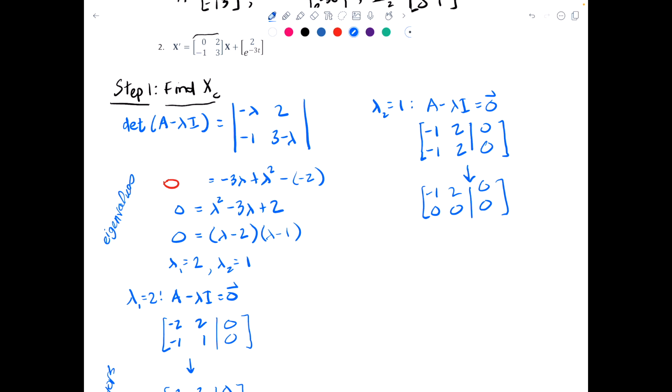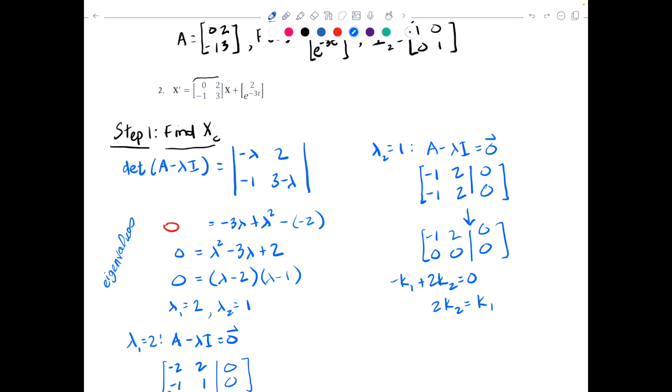And so negative k1 plus 2 k2 is 0. 2 k2 is k1. All right, so I'm going to let k2 equal 1, that gives us k1 is going to be 2. And so capital K2, our eigenvector, is going to be 2, 1.